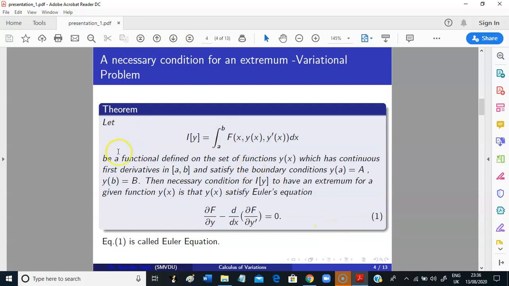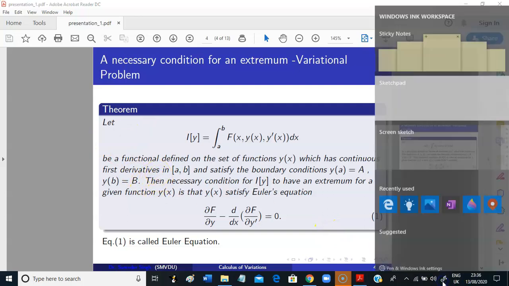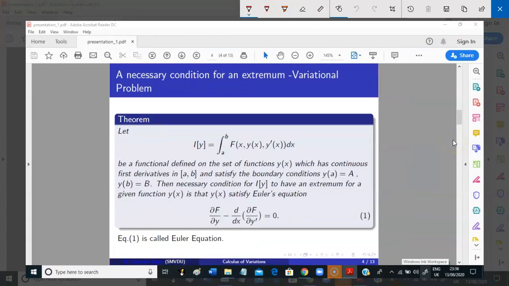So mainly this condition we are calling the Euler's equation. And the statement is, this Euler equation provides the necessary condition for the existence of an extremum.